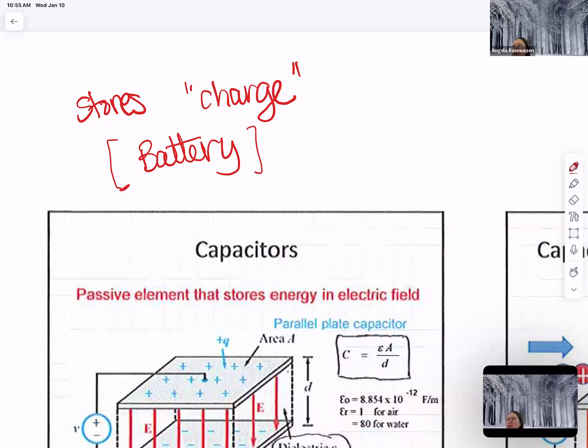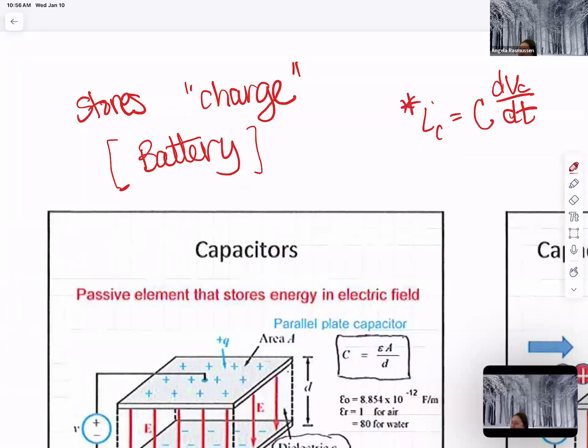Because we're thinking about a battery, that's usually voltage. So that's one way to remember the equation that I told you to memorize. Anybody remember that equation? Correct. So that's the memorization.